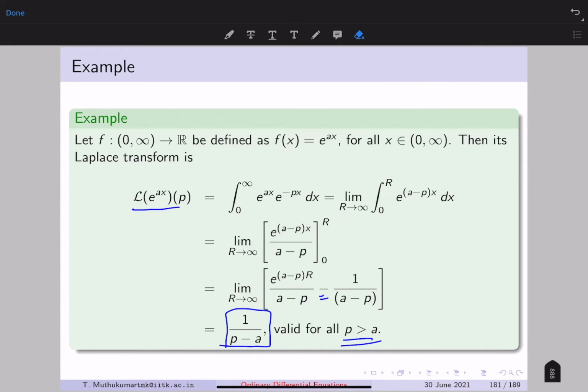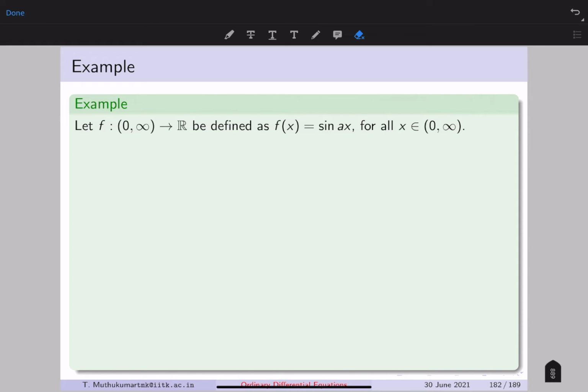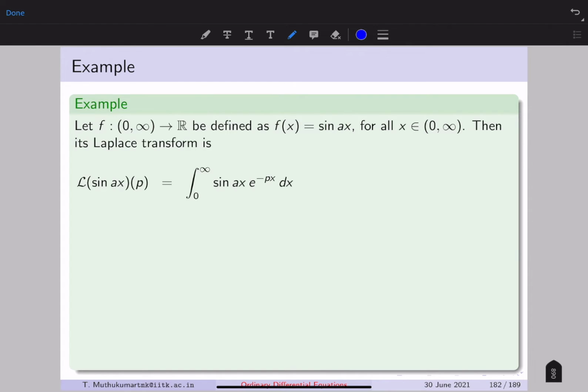Okay, now let's look at some more examples. What is the Laplace transform of sine ax? Let's do it by definition again. So the Laplace transform of sine ax is the integral of sine ax e power minus px dx, which is the same as the limit of r going to infinity. Now you replace sine ax by its exponential, the complex form, right?